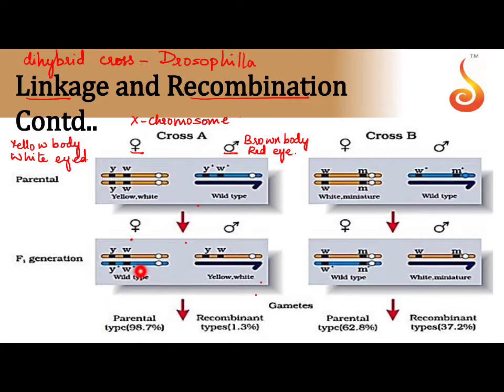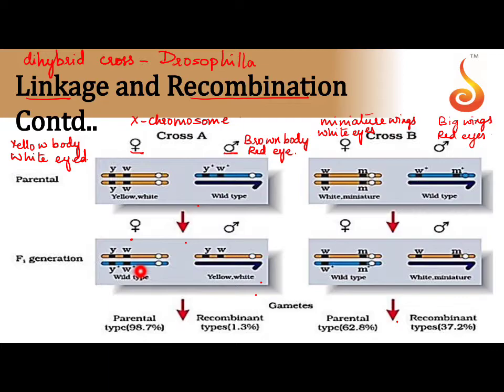In case 2, he again considered a recessive property for females, that is miniature wings along with white eyes, whereas in case of males he considered big wings along with red eyes.